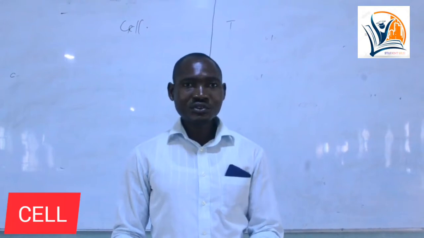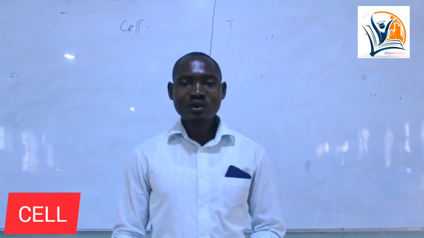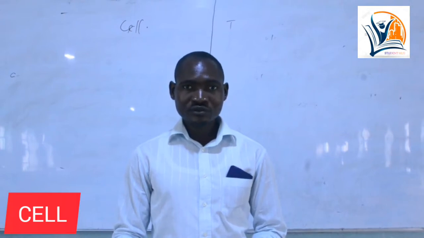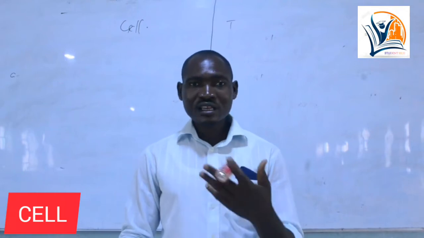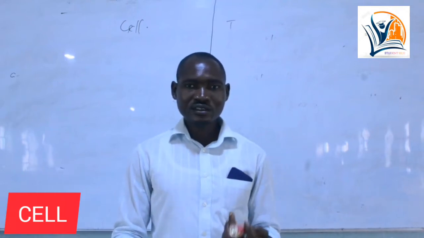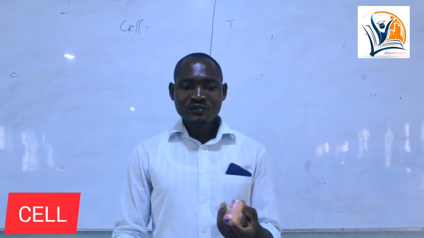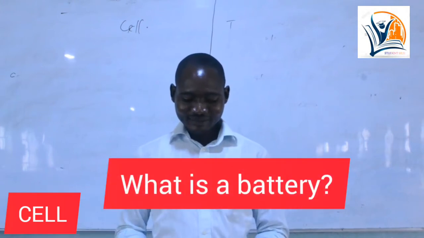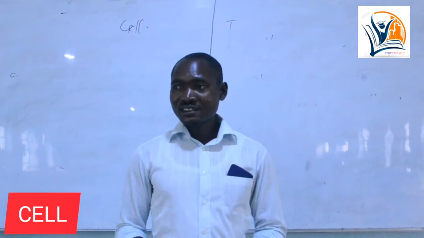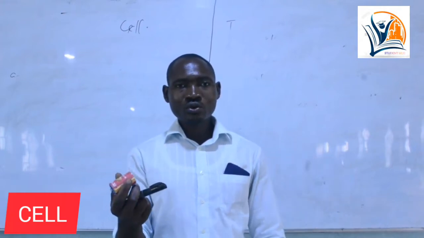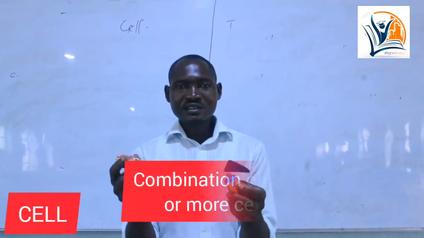And the unit of this cell is what we call electromotive force. And if you are asked what is a battery, a battery is a combination of two or more cells.